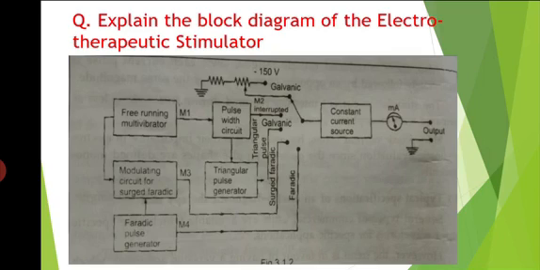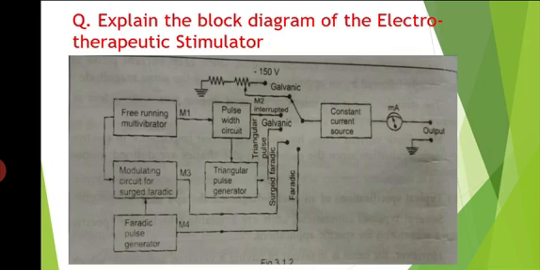Finally, any one of the waveforms can be selected through a selector switch and fed either to an emitter follower stage, in order to provide a low output impedance constant voltage output, or to a high output impedance constant current stage.